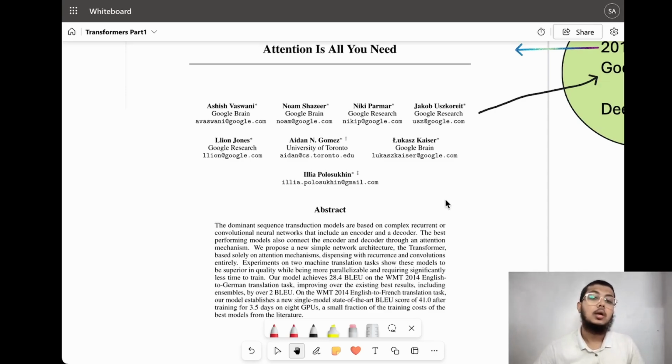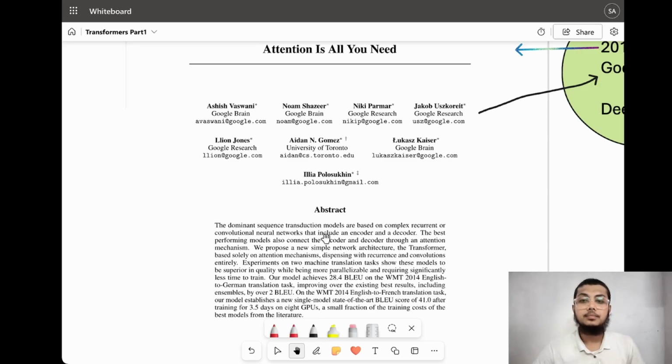If you talk about 2018, this was the time when some bigger transformers were trained, like BERT and GPT, and in short, transfer learning started in NLP.